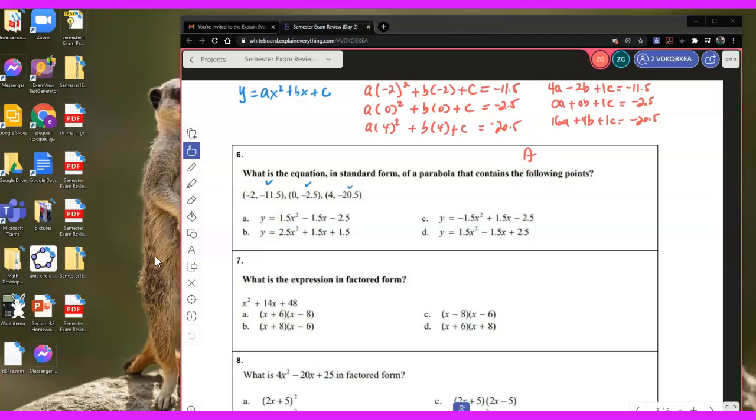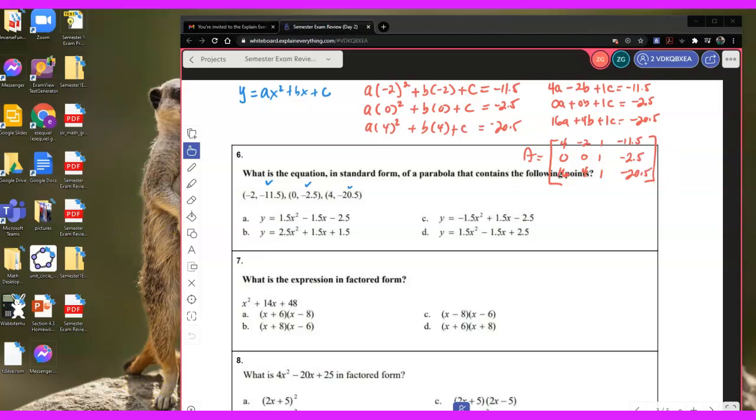We're going to write this in a matrix. So we have 4, negative 2, 1, negative 11.5, 0, 0, 1, negative 2.5, 16, 4, 1, negative 20.5.